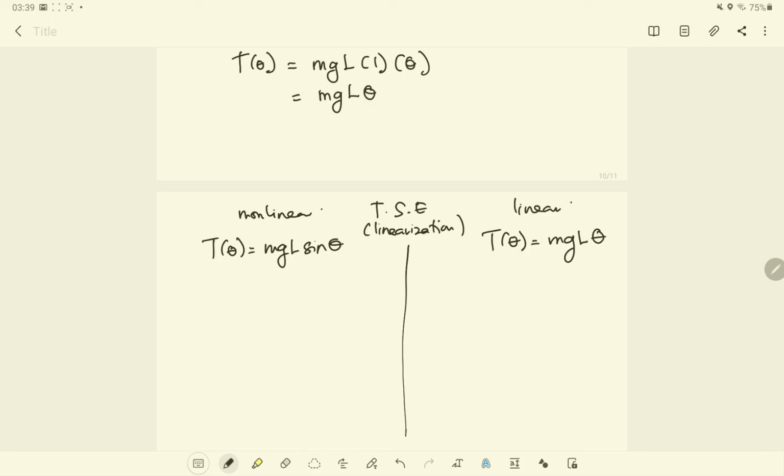So the nonlinear function in the nonlinear system has been removed and replaced with the linear function in theta.